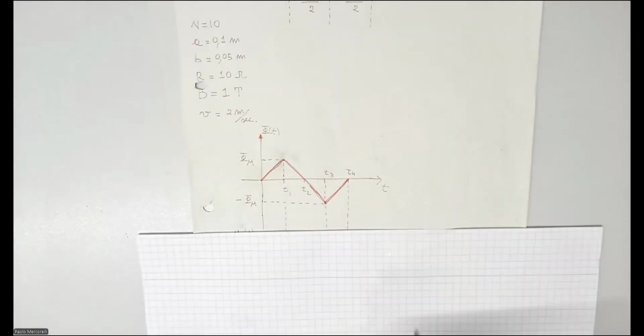Now, please, in the exam, pay attention, invest energy to calculate this flux, because a large part of the rest of the questions, not all questions, but a large part, depends on this graphical interpretation of the phenomenon.